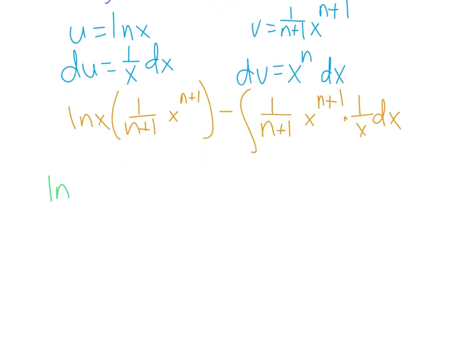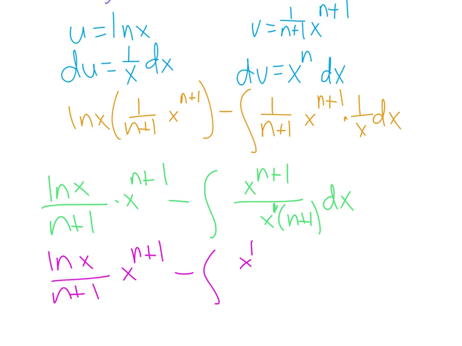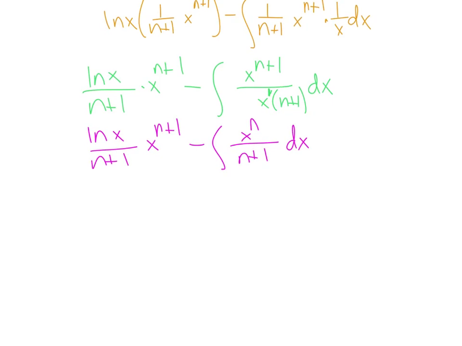We have the natural log of x over n plus 1 times x to the n plus 1, minus the integral of x to the n plus 1 over x times n plus 1. I rewrote it on purpose, because that's x to the 1, and if I use my properties of exponents, then I can simplify that. That's just going to be x to the n over n plus 1 dx. Now that n plus 1 is just a coefficient. It just hangs out there.